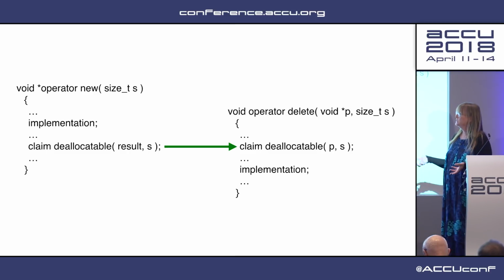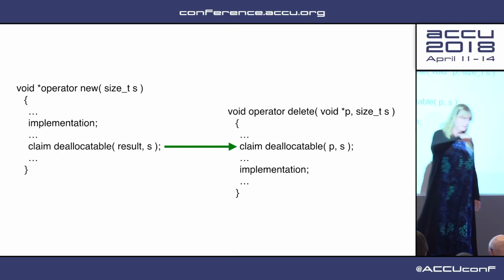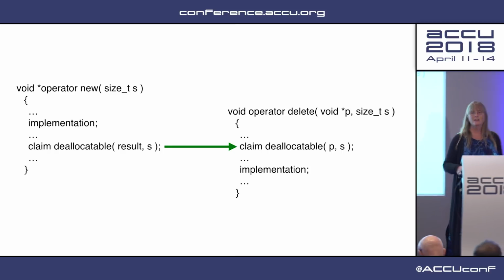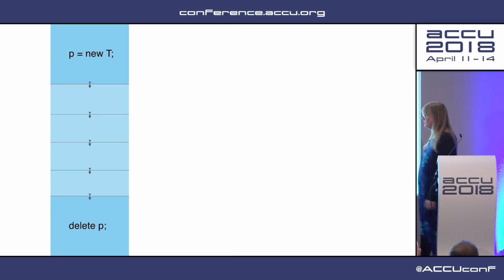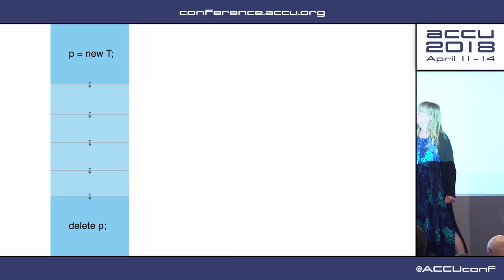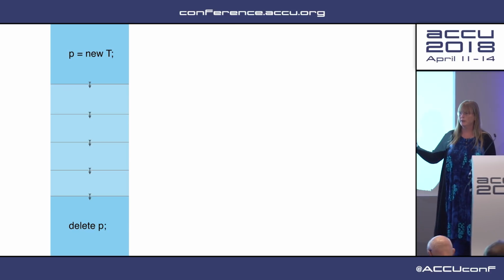And when we use this, we keep track of the deallocatability, like a coin to spend at the arcade, that connects these two. In some connected, that's topology again. So let's look at this in practice. We have two separated statements, p equals new T, delete p. Don't write this, use unique pointer.